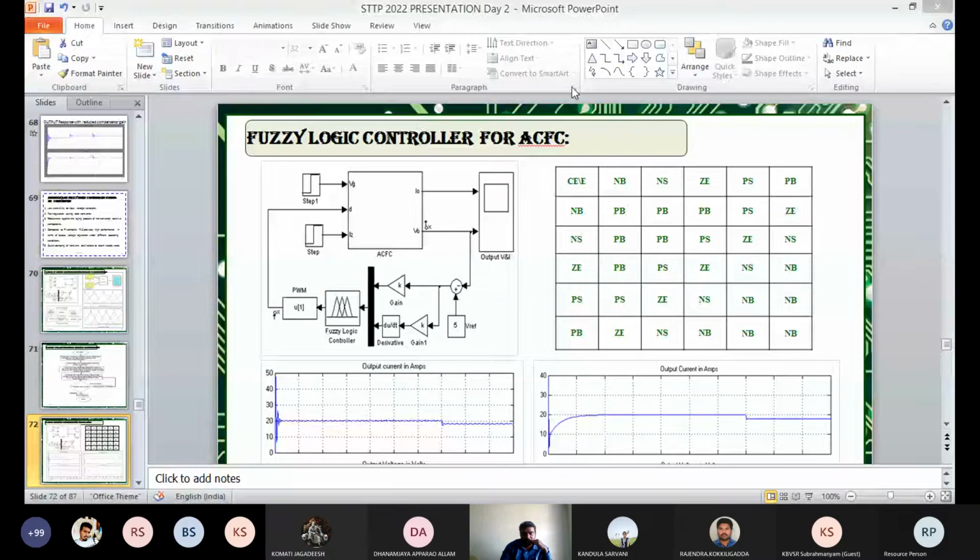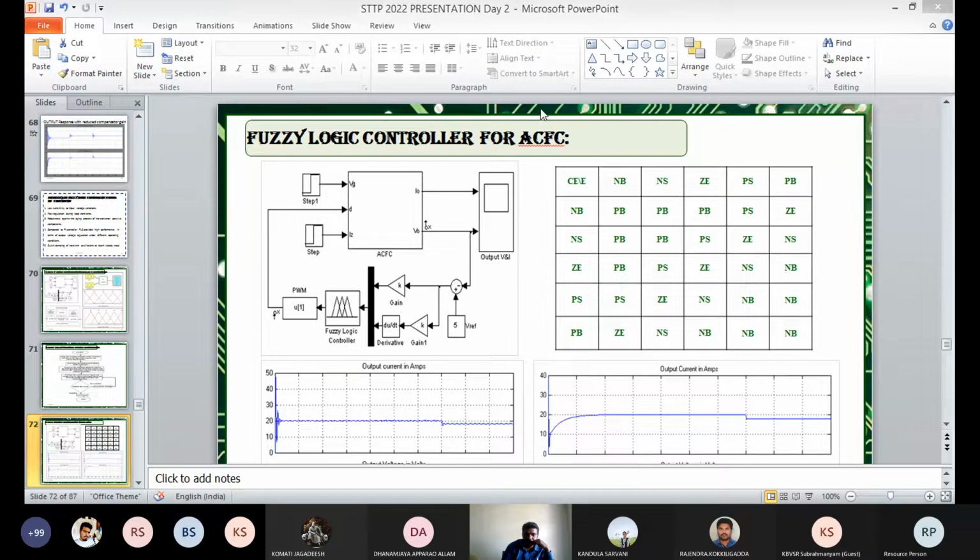For example, if you are running at 40 kilometers per hour, that is a negative big value, and the changing error is also a large value, negative big. If both are negative big, what do you need to do? At zero error the duty cycle is 50%, but you are at 40 kilometers per hour.